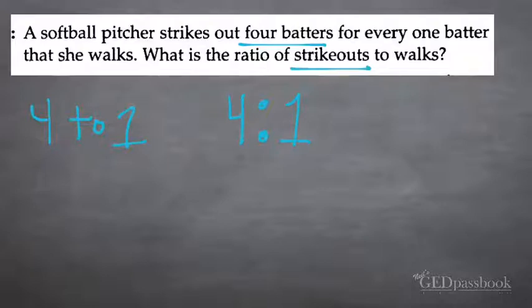That is a ratio right there, 4 to 1. And then the even more common one, 4/1, right? So, that's all ratios is. That's all it is. All right, boom, done.